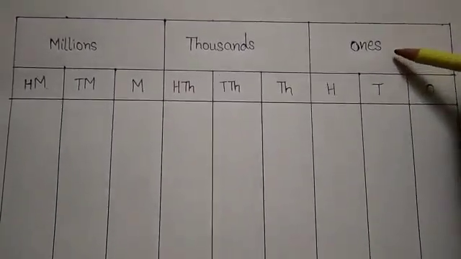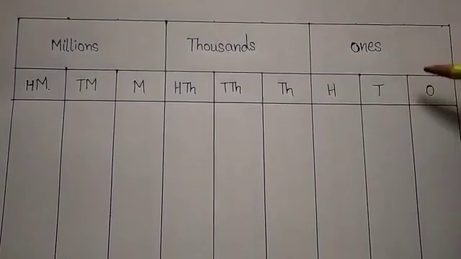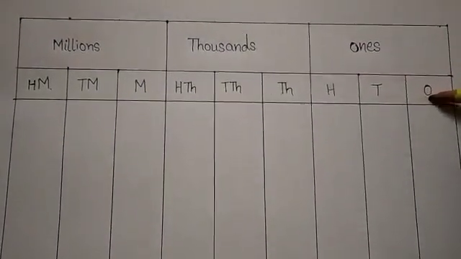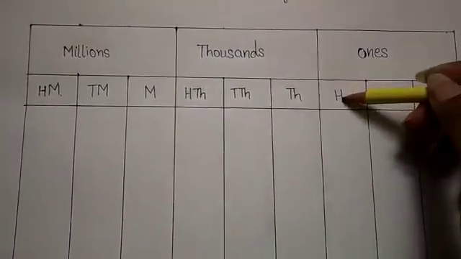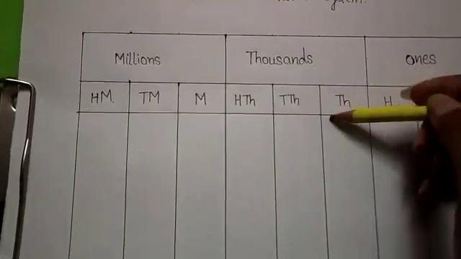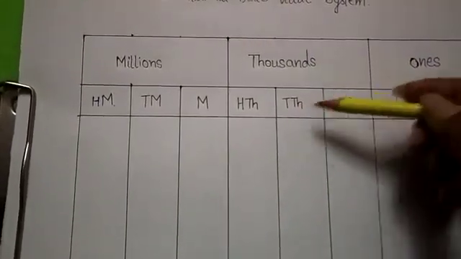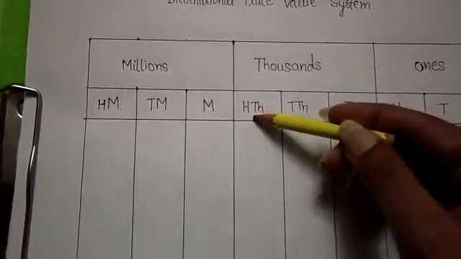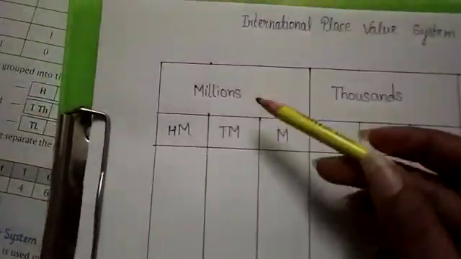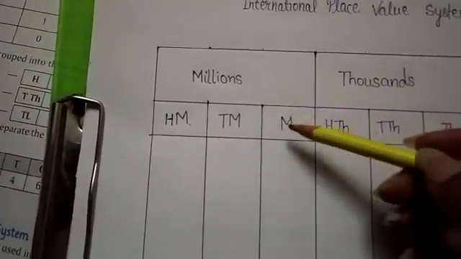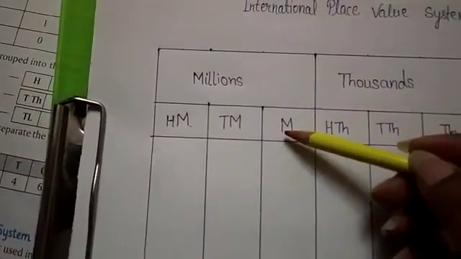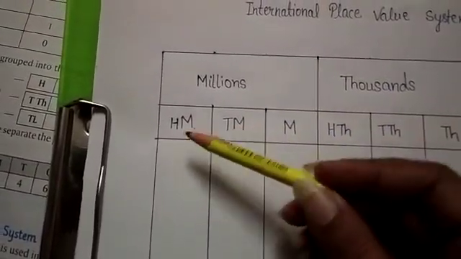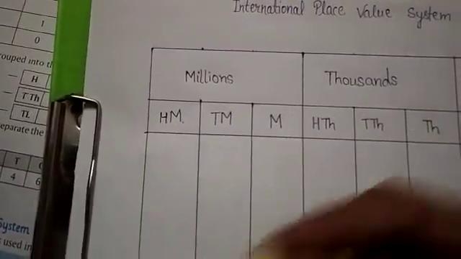As you know, the ones period consists of three place values: ones, tens and hundred. The thousand period also consists of three place values: thousand, 10,000 and 100,000. The million period consists of three place values: million, 10 million and 100 million.